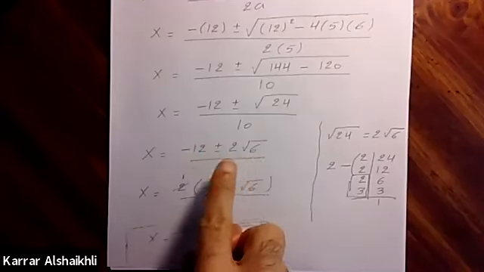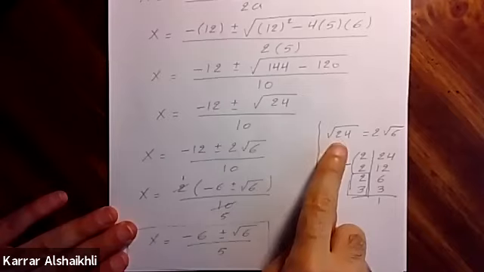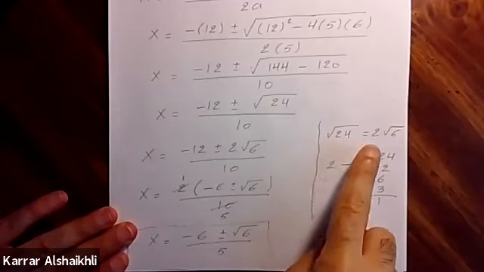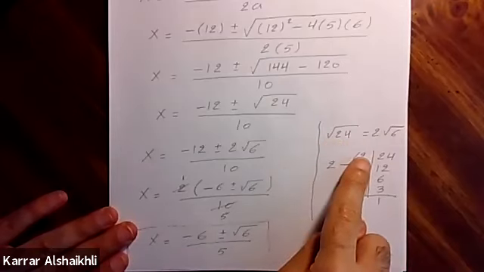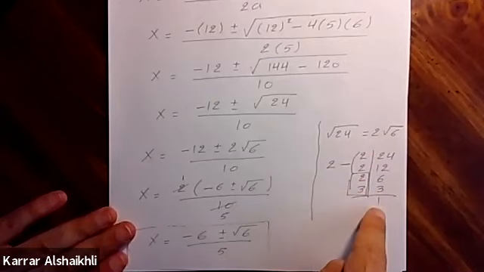-12 minus plus the one that is under. Oh, this one? That one. Okay. How do you get the 6? You see the 24? Yes. I'm going to find the square root of 24 here on the side. 24 divided by 2 is going to be 12. 12 by 2 is going to be 6. 6 by 2 is going to be 3. 3 by 3 is going to be 1.